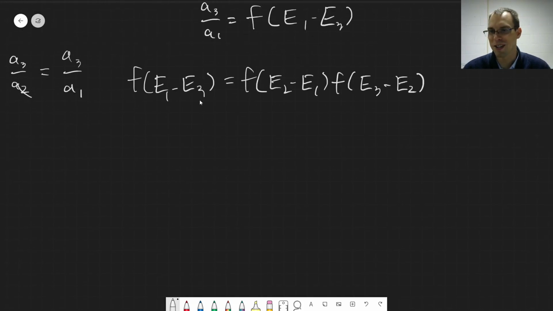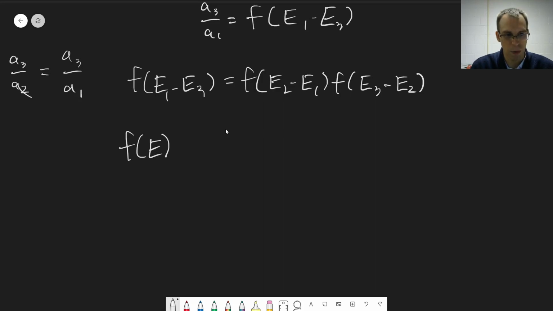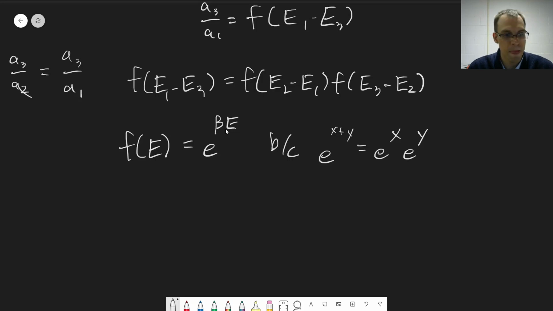So we need a function that follows this behavior, and the functional form that's going to work for this is an exponential function. So f, a function of E, that will satisfy these properties is e to some constant that for now we're going to call beta times the energy, because of the properties of exponentials: e raised to the x plus y power is equal to e to the x times e to the y.